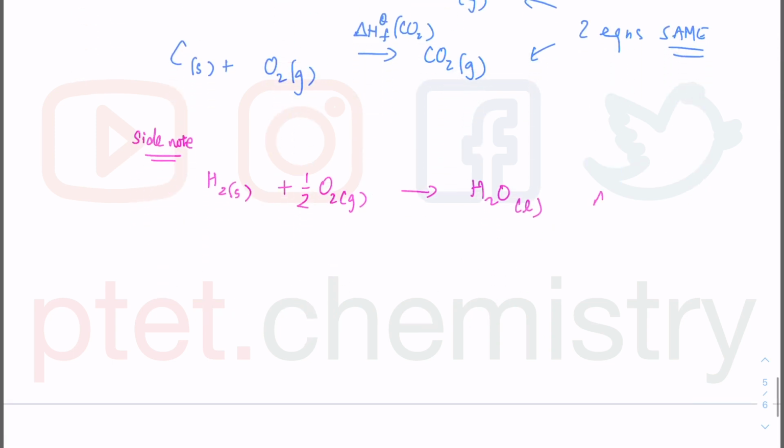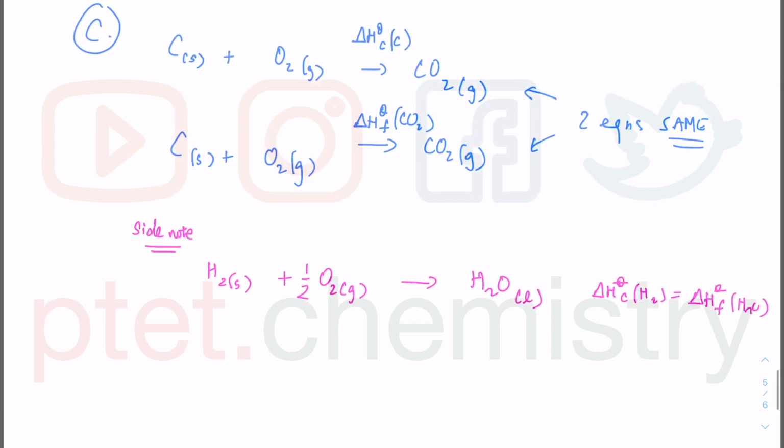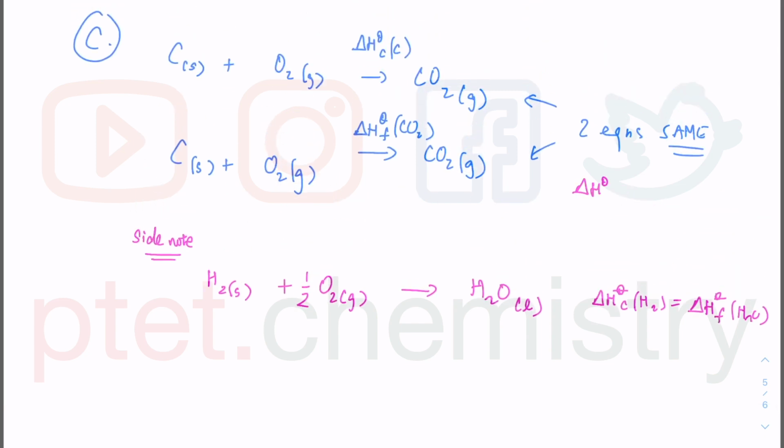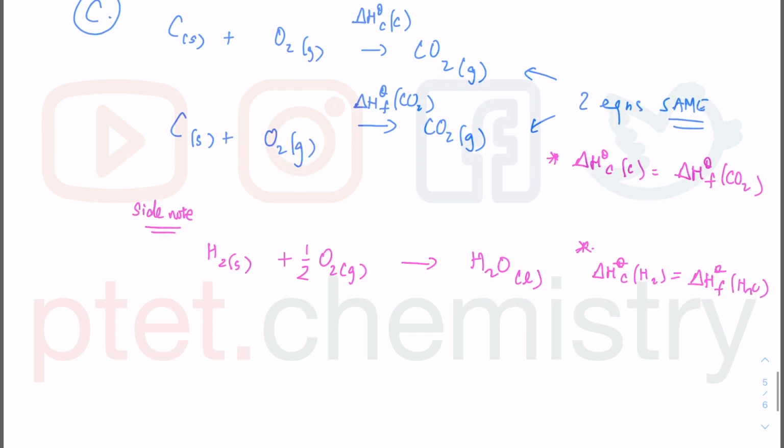So just now I said this was the combustion of H2, but if you look back, you can also see that this is also the same as the formation of H2O because you're forming 1 mole of the substance from its elements in their standard states under standard conditions. So this is equal to the formation of H2O. Just like what we said in the previous question, the combustion of carbon is the same as the formation of CO2. These two are very, very important identities, especially in the theory paper.